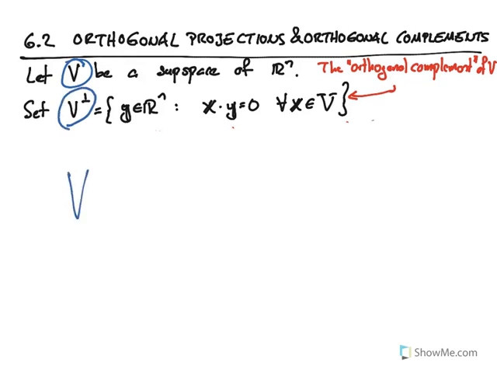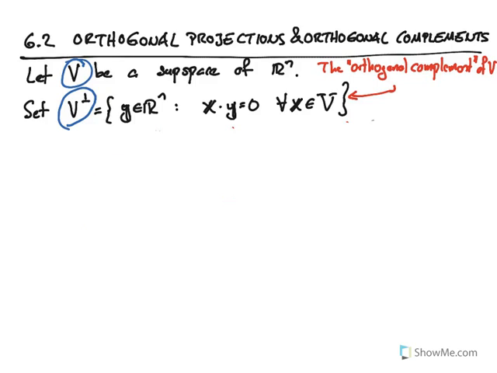The symbol here is the same as what we use to indicate that two vectors are orthogonal, but now we put it up on top. It consists of all vectors that are orthogonal to every vector in the subspace V. So this V perp, the orthogonal complement of V, the set of vectors that are perpendicular to V, is a very important concept.